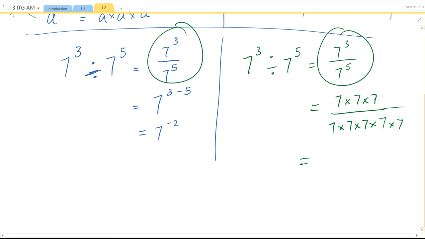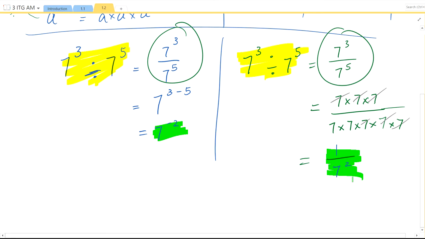Of course we can cancel. Use your pencil, cancel, cancel. What are we left with? 1 over 7 squared. Since we started with the same question, 7 power 3 divided by 7 power 5, and we didn't make any mistake, this tells us that 7 power negative 2 is the same as 1 over 7 squared.